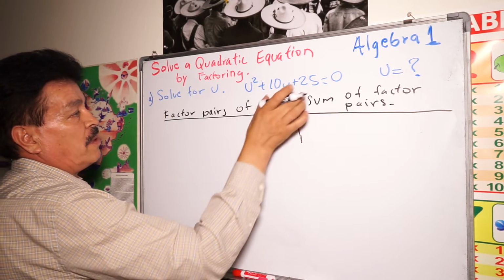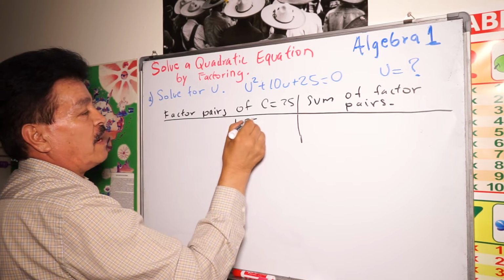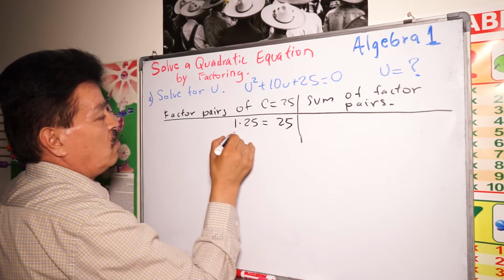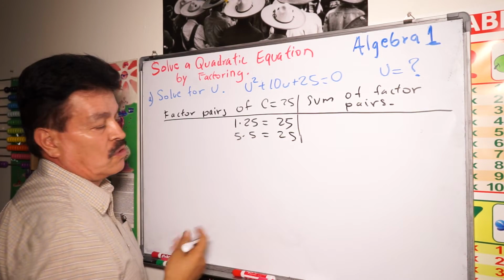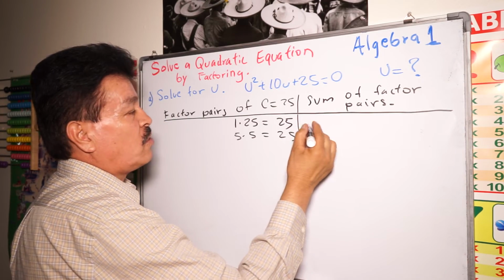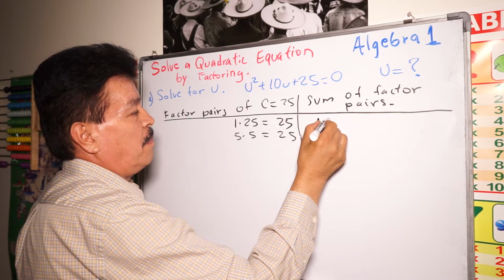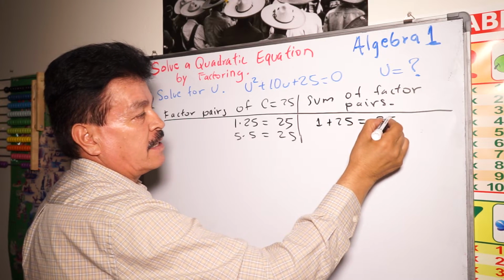So for example, 1 times 25 equals 25, right? Also 5 times 5 equals 25. Those are the factors here. When you add 1 plus 25, it equals 26, right?